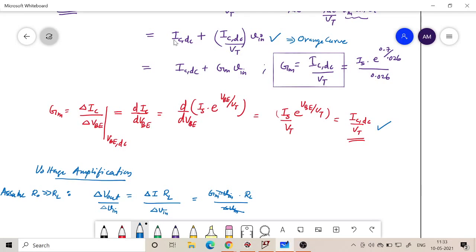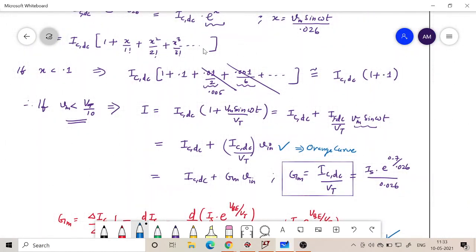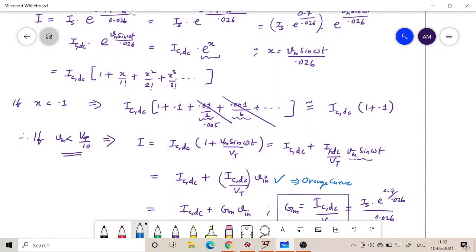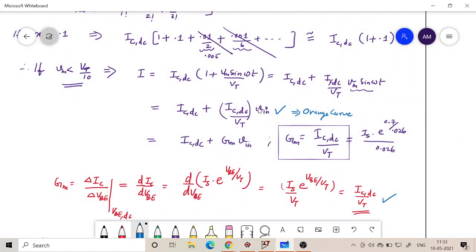The other is the full expression, without neglecting any term, taking all the terms. This is my blue curve. The blue curve takes into account all higher order terms, whereas my orange curve is only a linear approximation, which takes only the first term.